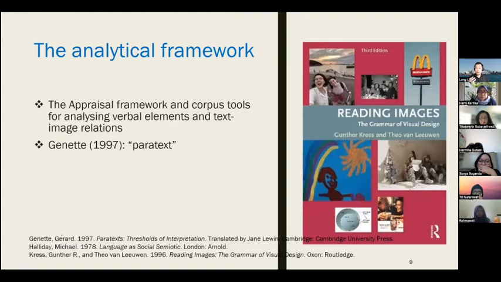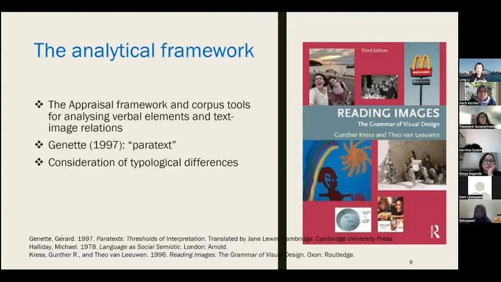I also borrow the notion of paratext by Genette, because a translated cover is a form of paratext, which means it is not the text proper. It is not the main thing that readers pay attention to, although it is extremely important because it's right in the front and it may influence your decision to buy the book or to read the book or not.